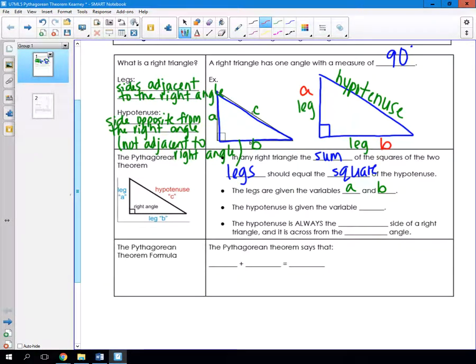And the hypotenuse is given the variable C. So one leg is A, the other leg is B, and the hypotenuse, opposite or across from the right angle, is C. What's also cool is the hypotenuse is always the longest side of a right triangle, and it is across from the right angle, which we already said. That longest side, that diagonal, is the hypotenuse.